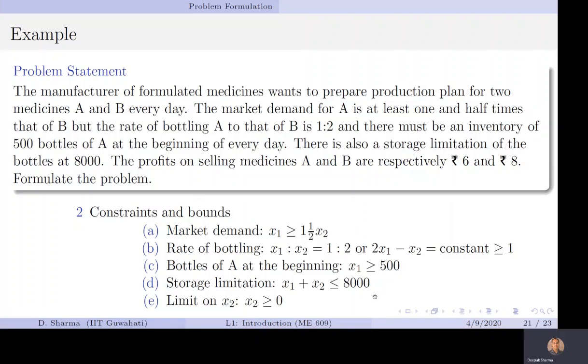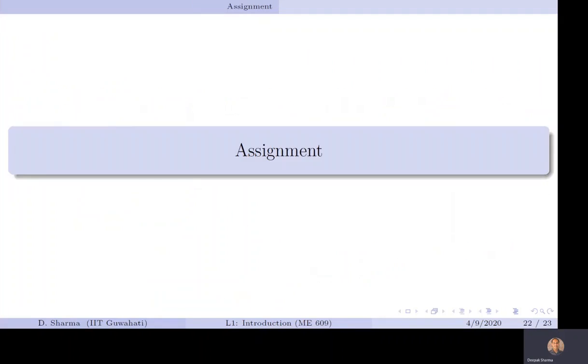And what should be the limit on x1 and x2? x1 is already given as greater than 500. x2 should be greater than 0. However, they can take any value, but this constraint will keep the values of x1 and x2 from going to infinity, and limit them to certain values. Such a problem formulation will be given to us and we will be writing the problem formulation.